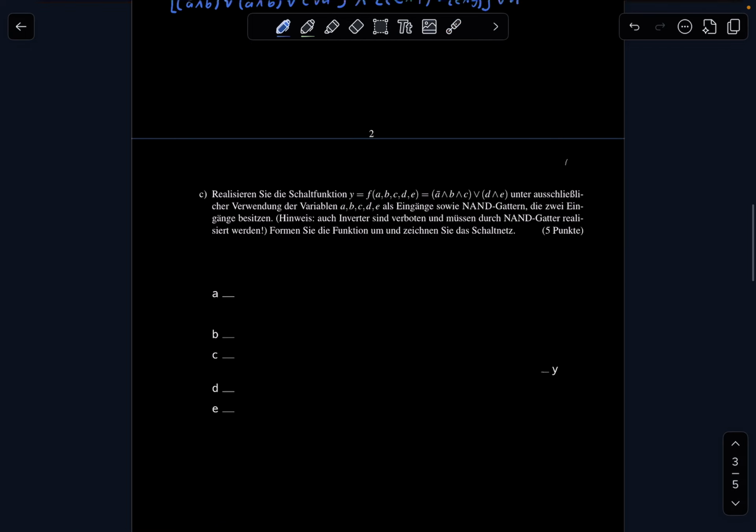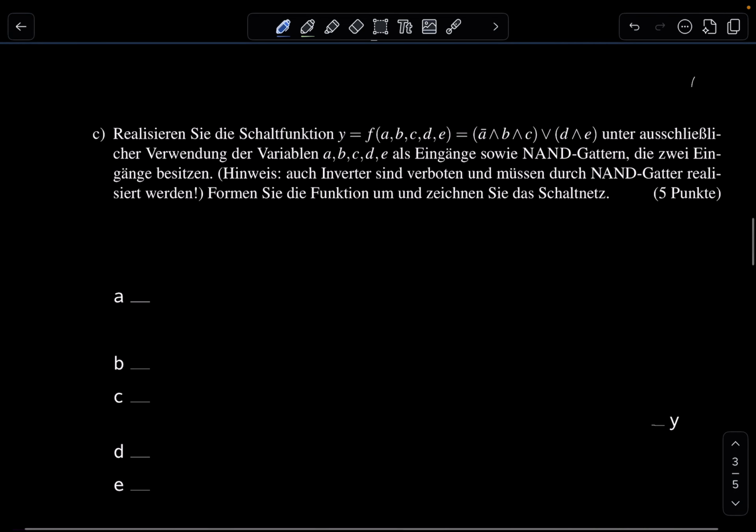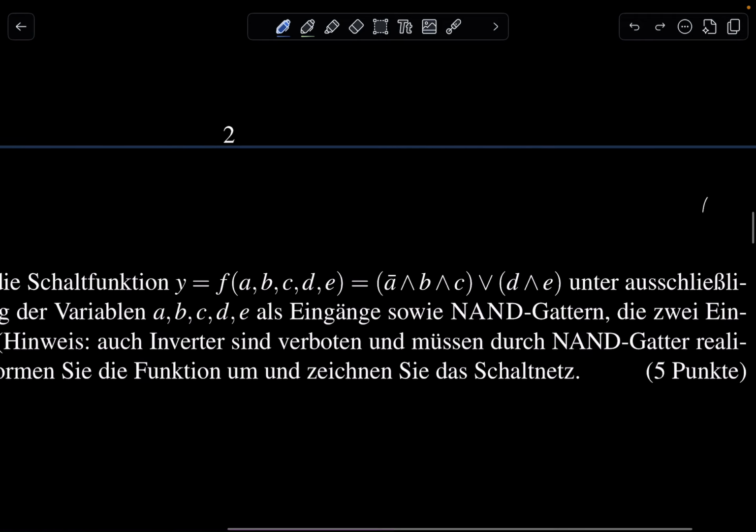Okay, now they're asking us this one. We have to do the Schaltfunktion with this guy, only with NAND gates. So how do you remember that whenever you want to negate something, you have to take a NAND?